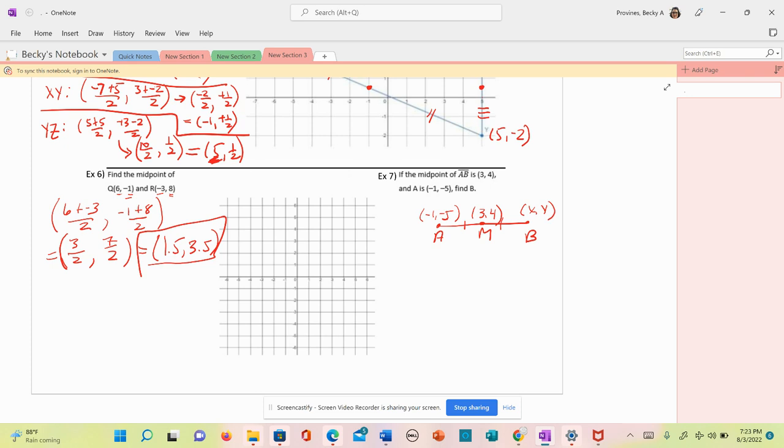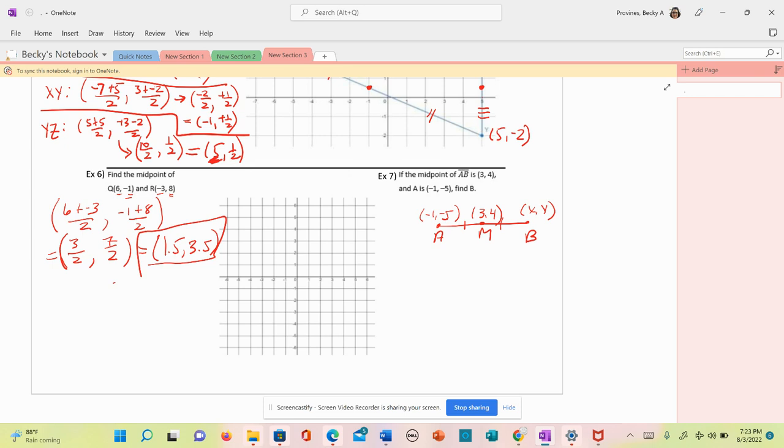Guys, there's one of these on your homework. You need to know how to do these. I know it's the last question. We just have to endure this and keep going. How do you find that X and Y value? Okay, so it's going to be similar to what we did over here in example 6. We're going to add the two x's together and divide by 2.